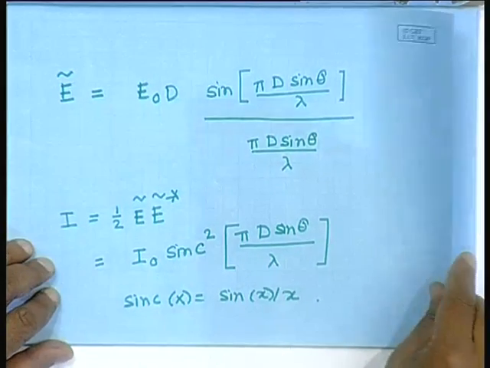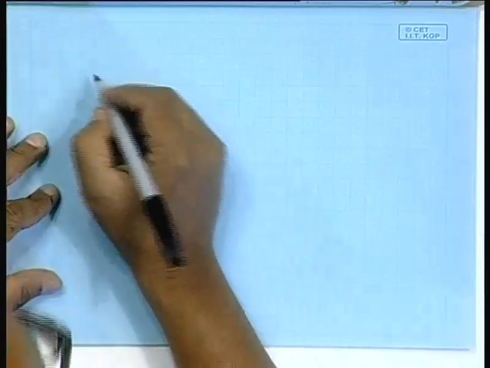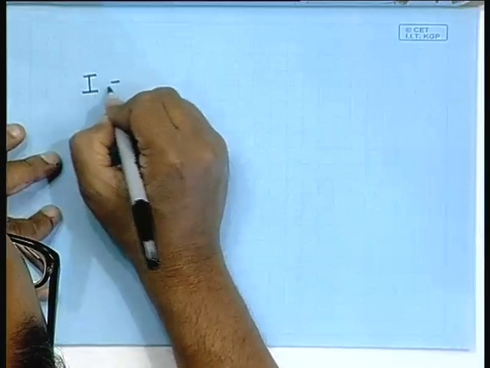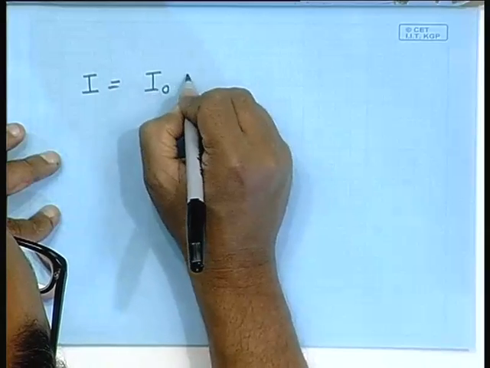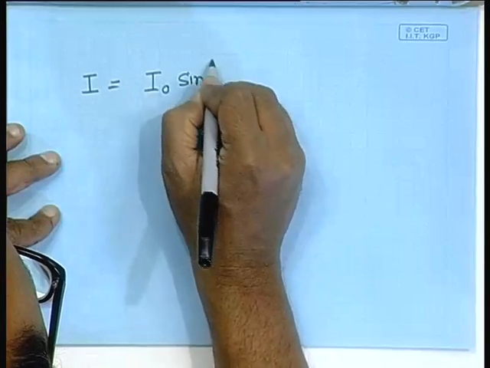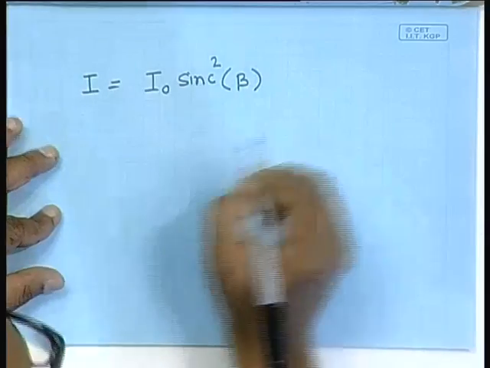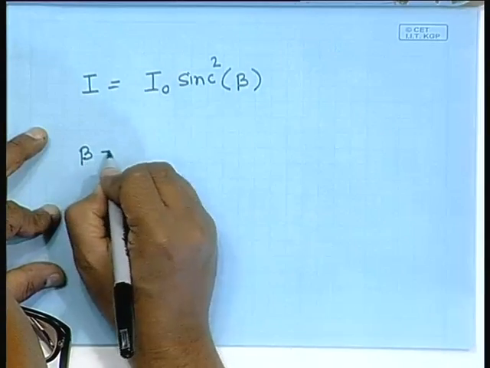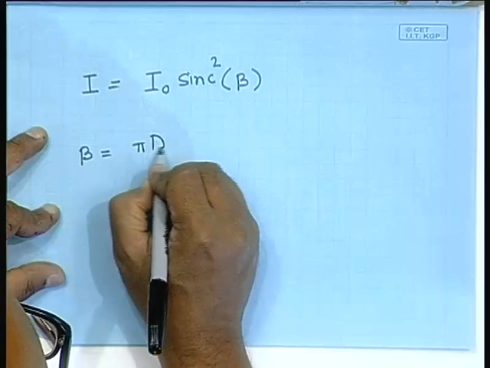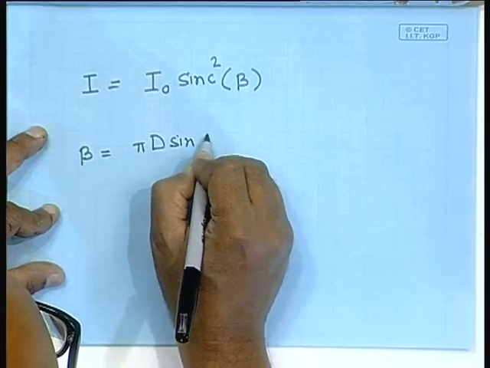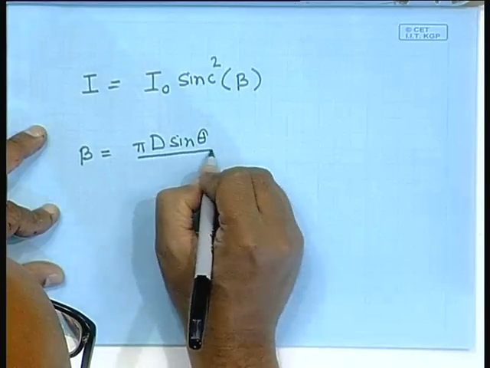We can also write this. Usually we write this as follows: I is equal to I naught sinc square beta, where beta is pi d sin theta by lambda.